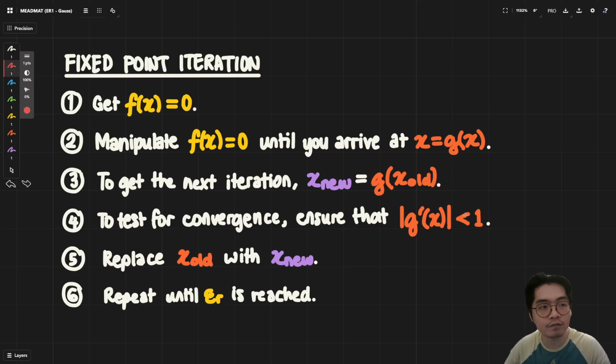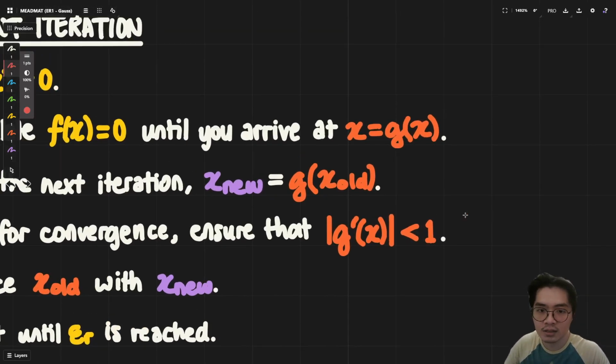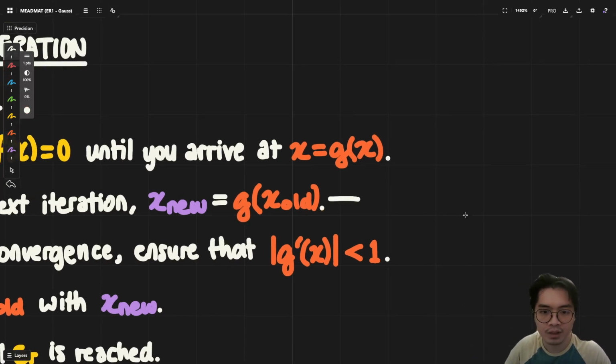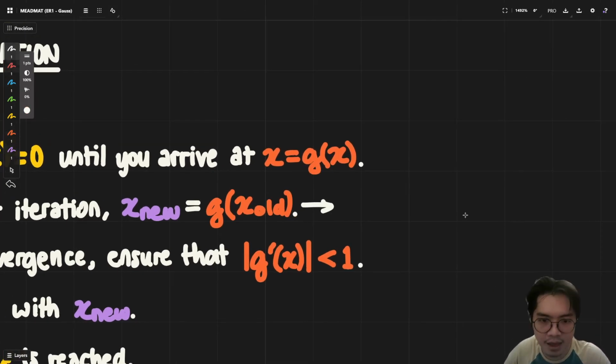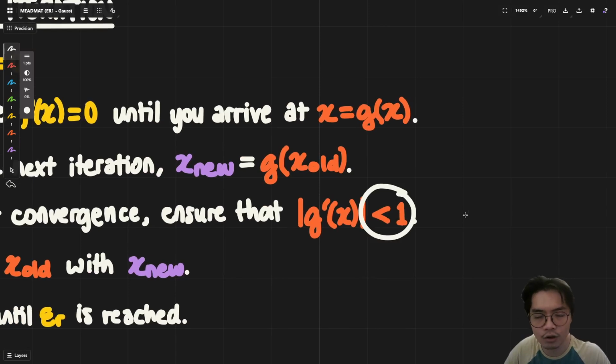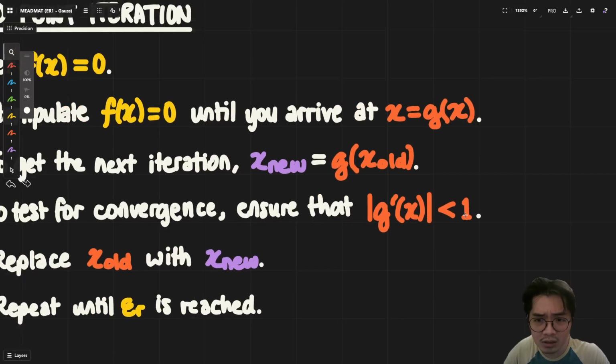And to test for convergence, what you're going to have to do is take the derivative of your manipulation in here, g prime, and then substitute your value of x. If in that case your result is less than 1, you can guarantee that it will converge.